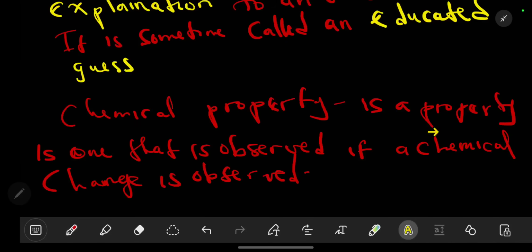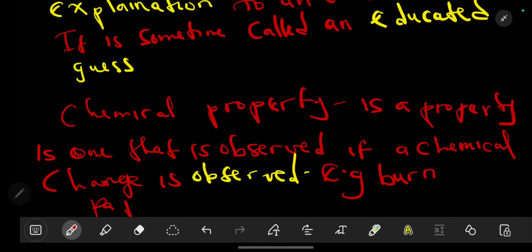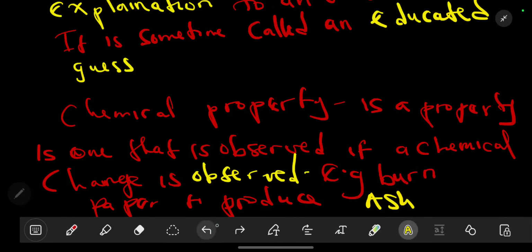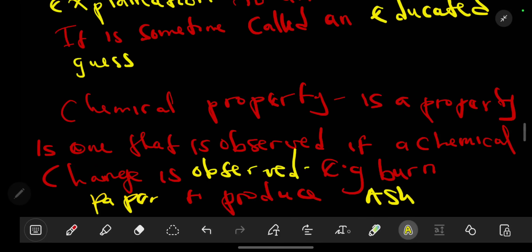So what this simply means is that if you are looking at a chemical property, the example that we can give is if you burn paper to produce ash. This is a chemical change in the aspect that from paper you are able to get a new product. So this is a chemical change because a change is observed in terms of the composition.